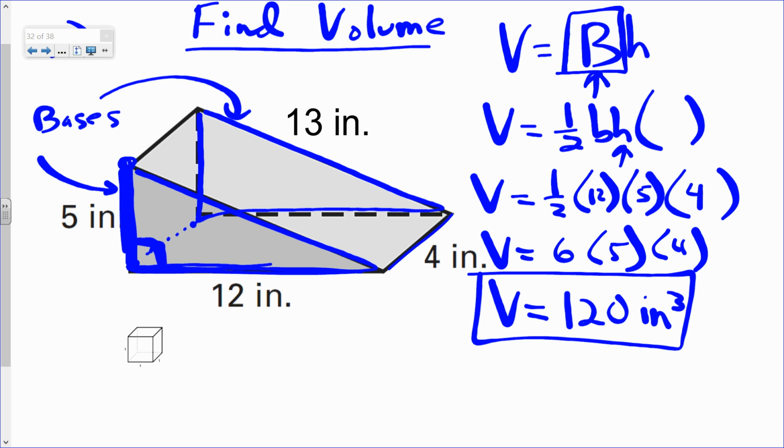One half base times height. It's on your formula table. In other words, I'm not asking you to memorize anything here. So the area of a triangle is this, the two-dimensional area. And then you're going to extend it, like you did in the video, extending this triangle in the third dimension, the distance of the height, which is why you multiply by 4. You're taking a triangle and extending it into three dimensions.